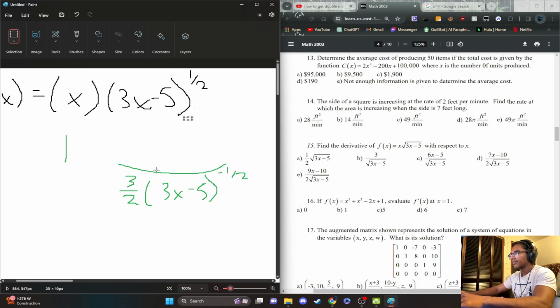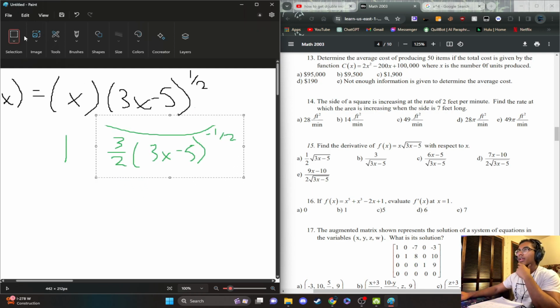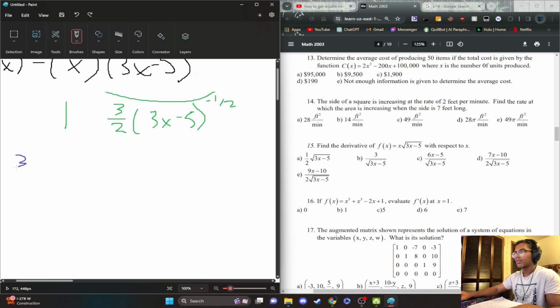Okay, now let me bring this to the top. Now that we have all the values, we could just cross multiply these. So you have x times this, let me get a different color. So you have x times this, which is the same thing as 3x on top, and you can bring the 2 to the bottom.